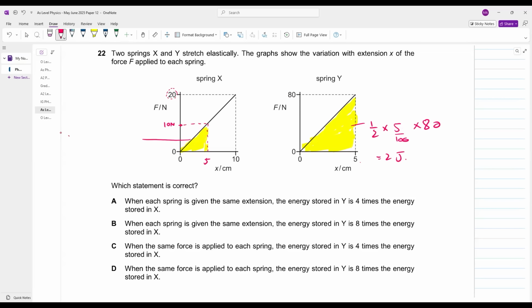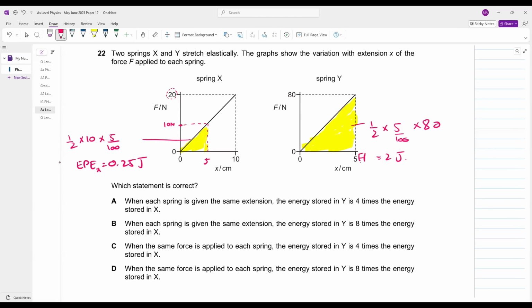Let's calculate the energy here. 1 upon 2 into the height into base, that is 5 divided by 100. Let's calculate this as well. This comes out to be energy यहाँ पे क्या आ गई 0.25 joules. The energy stored in X is 0.25 joules.